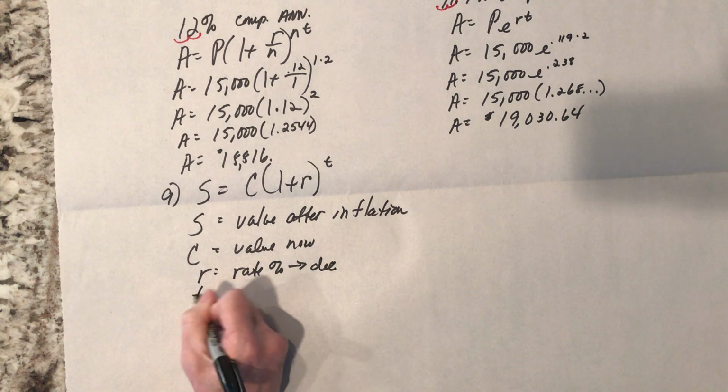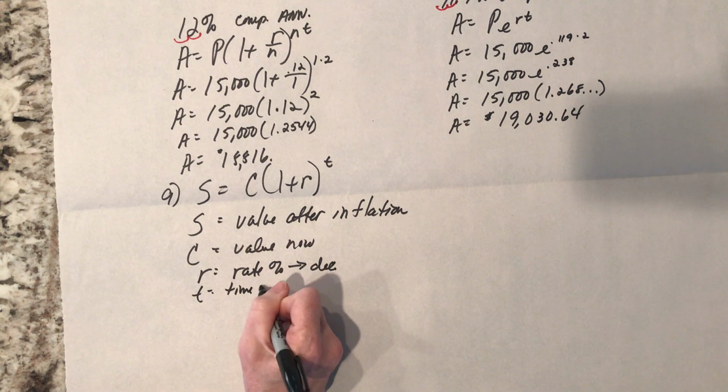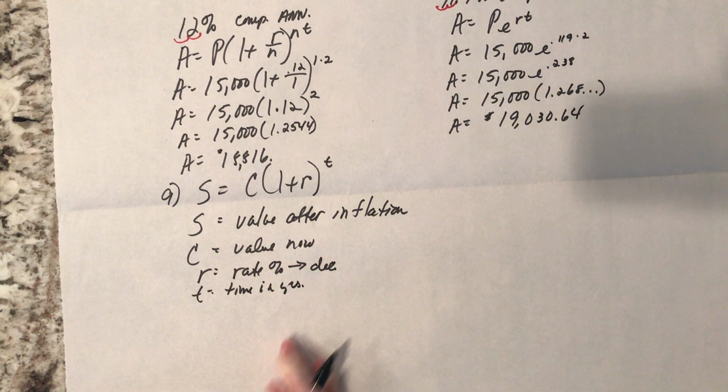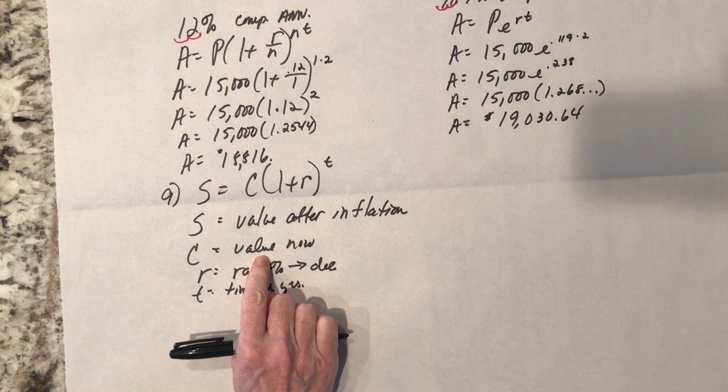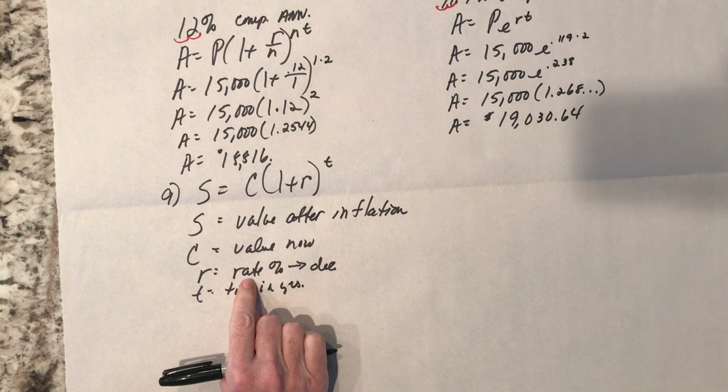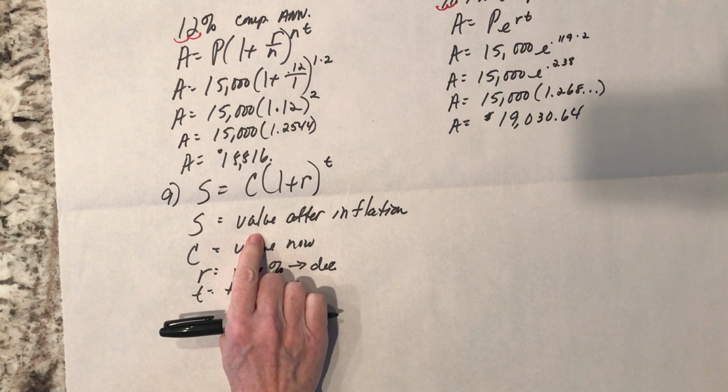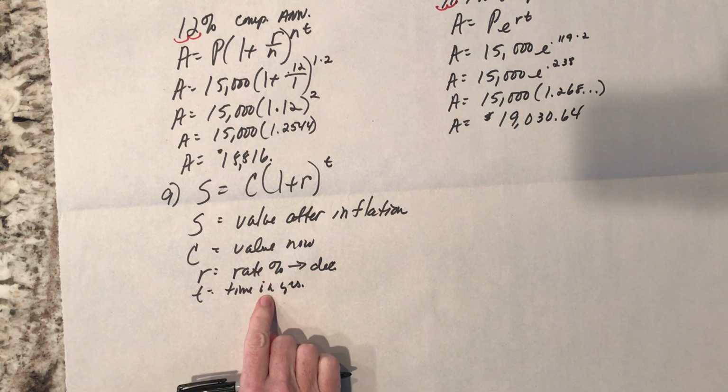And T, just like before, is the number of years, time in years. Let's see what they're asking here. This formula models inflation, where C is the value today, R is the annual inflation rate, and S is the inflated value T years from now.